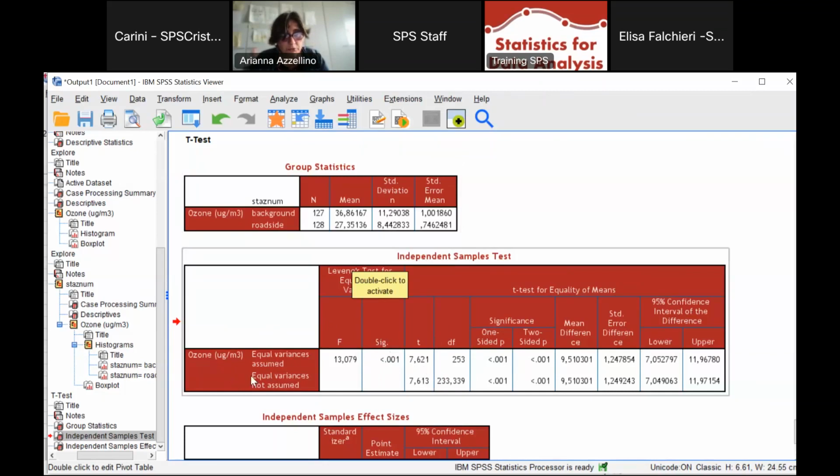In fact, we would need to read the results of the t-test at the second row in this table, which does not assume equal variances. And as you can see, in terms of formula, the two t evaluations are very similar, but the degrees of freedom of the two statistics are very different.